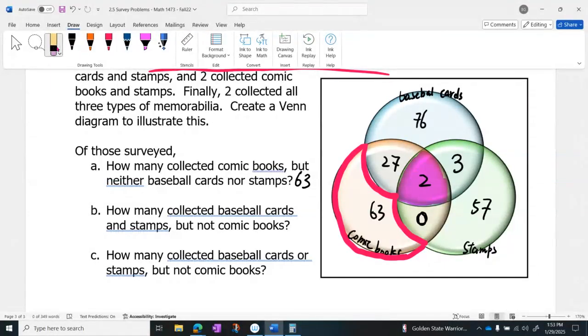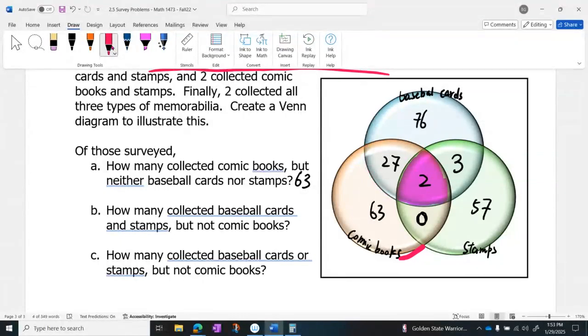Part B. Let me erase this. How many collected baseball cards and stamps, but not comic books? Okay, this time the respondents collected two types. Which two? Baseball cards and stamps, but not comic books. Okay, use your pencil, highlight the region.